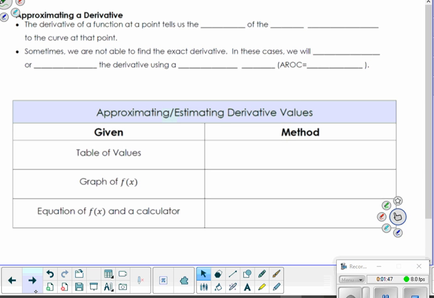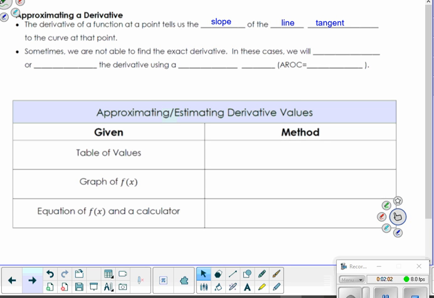All right, approximating the derivative. There's a few different techniques. The derivative of a function tells us the slope of the tangent line, or the rate of change of the tangent line to that curve at a particular point.